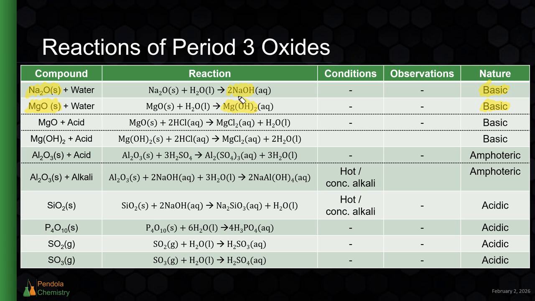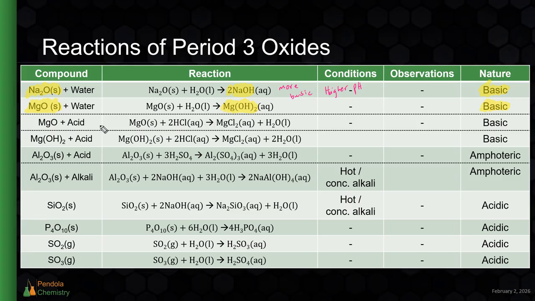Sodium hydroxide is more basic than magnesium hydroxide, which means a higher pH, because it dissociates completely, whereas magnesium hydroxide only partially dissociates.